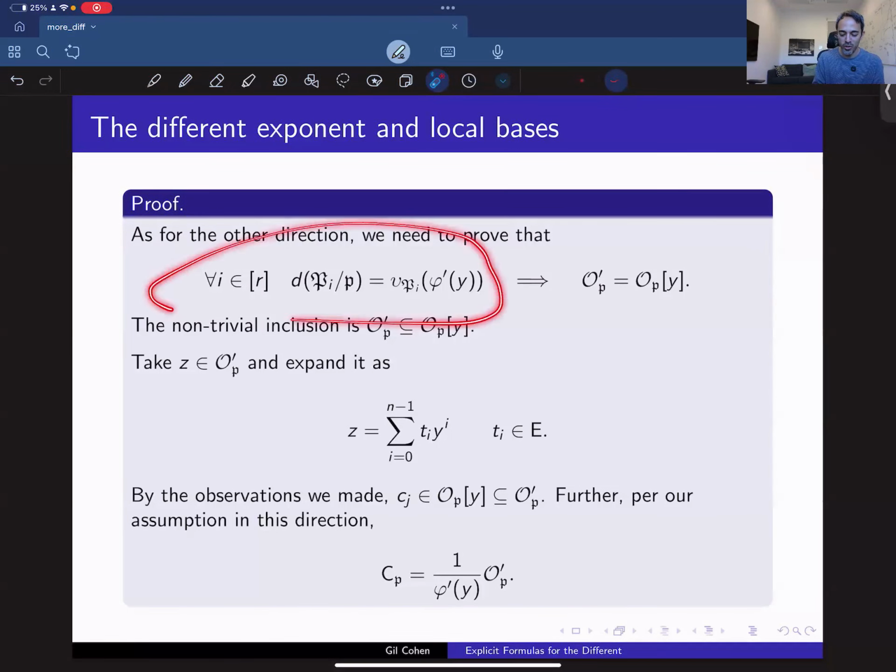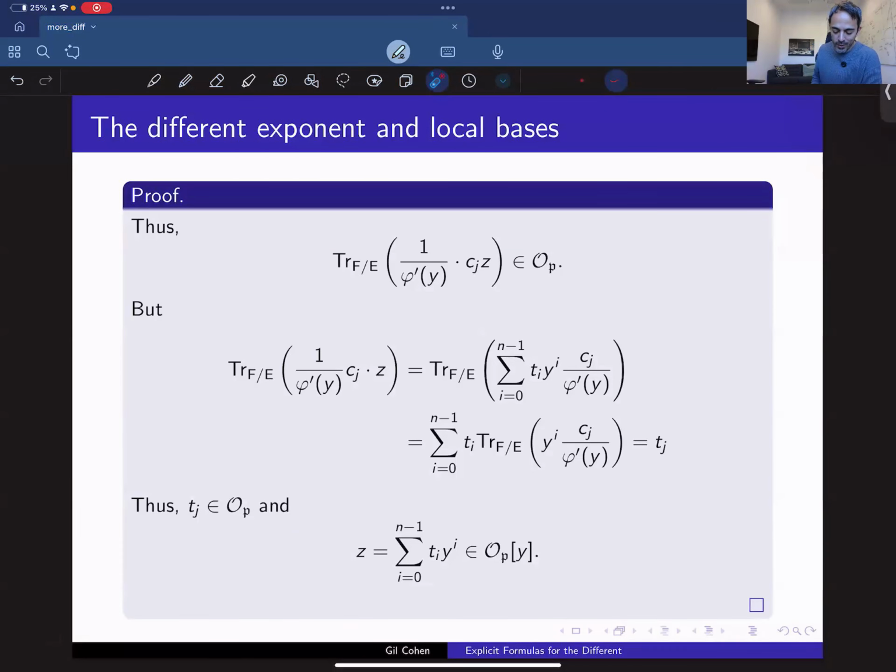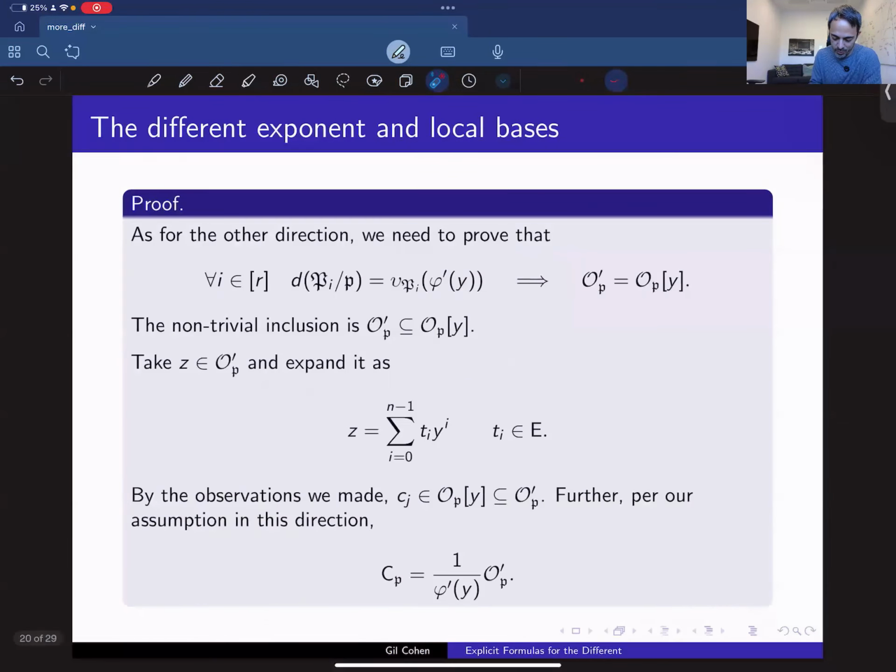So if you know that phi prime Y has the right valuations, or actually that 1 over phi prime Y has the right valuations, then it will also generate CP out of O prime P. So this is something that we know. And therefore, what I claim is that the trace of this TP times CJZ is in OP, because CJZ is in OP prime. That's what we just said here.